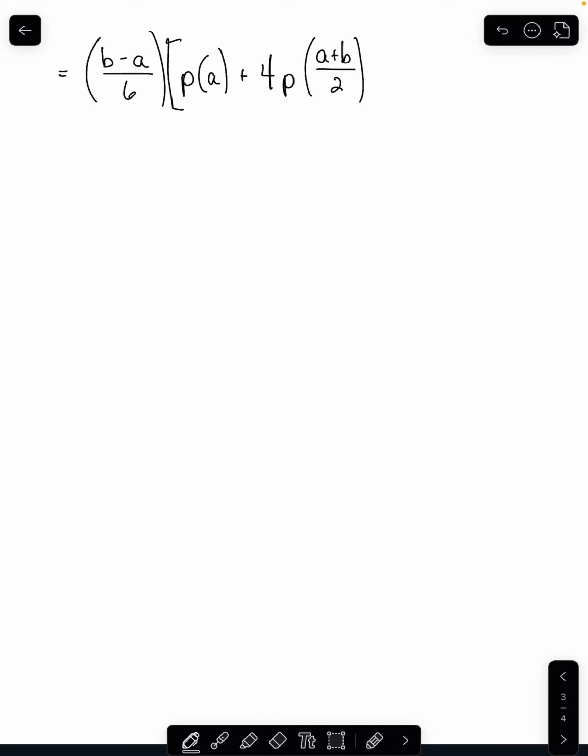And thus, in conclusion, we have our little b minus little a over 6 times 3 terms that turn into p of little a plus 4 times p of little a plus little b over 2 plus p of little b.